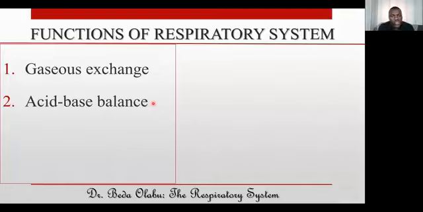So with regard to the respiratory system, when there's a lot of acidity in the body, we tend to breathe faster so that we get rid of carbon dioxide. When we get rid of carbon dioxide, the pH of the blood goes up so that at least you get some alkalinity.